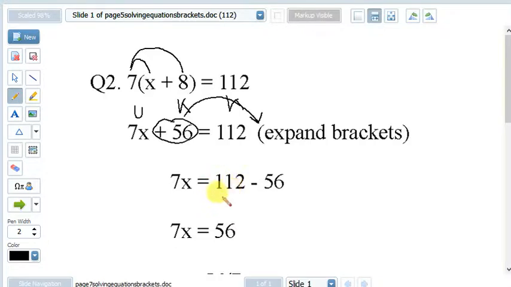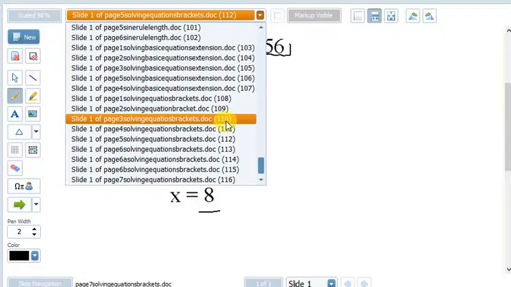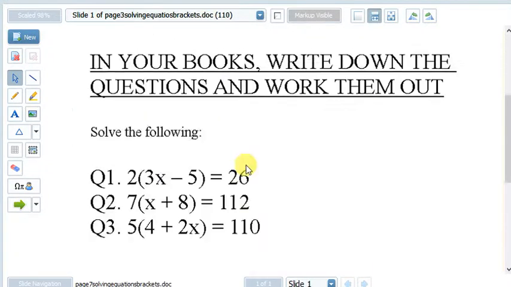So then we can simplify this side. 112 minus 56 is 56, and then we bring over the times by 7, and when we bring it across to the other side, it becomes the opposite of times by 7, which is divide by 7, which is what we see here. 56 divided by 7 is 8, and again, well done if you managed to get that one correct. So x equals 8.